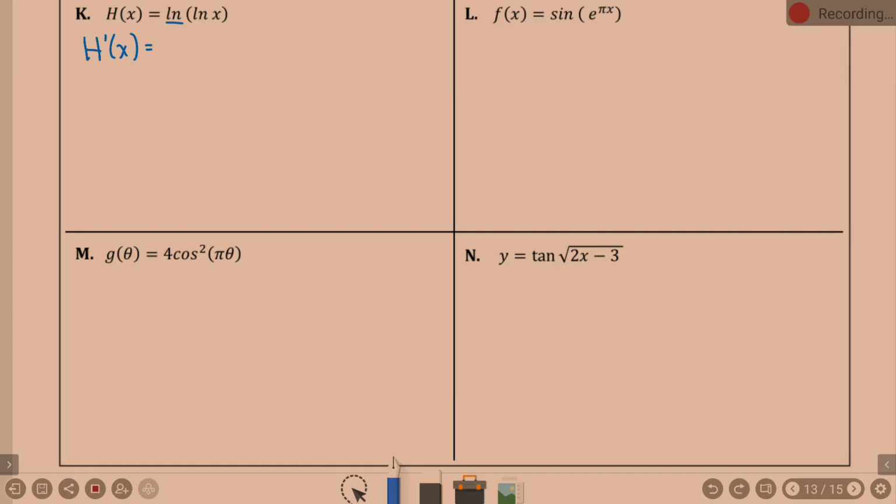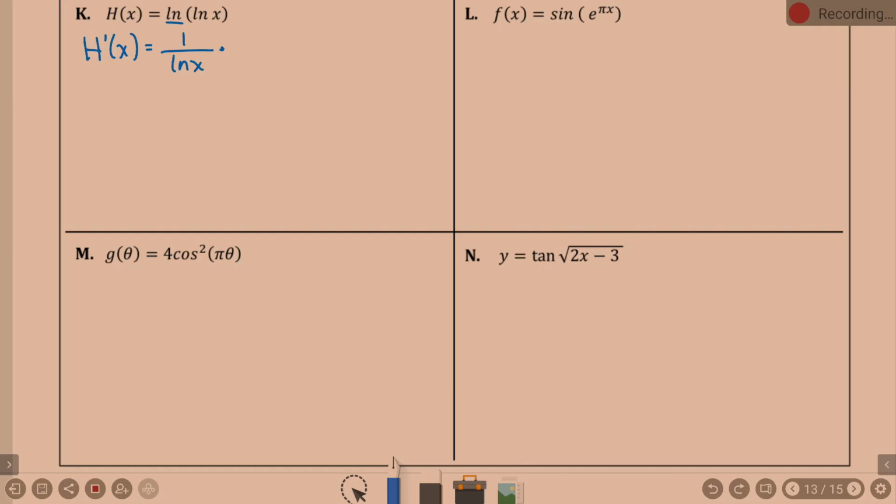This natural log here, yes? What's the derivative rule for natural log of something? 1 over something. 1 over whatever's inside. So in this case, it's going to be 1 over, what's my inside? Natural log of x.